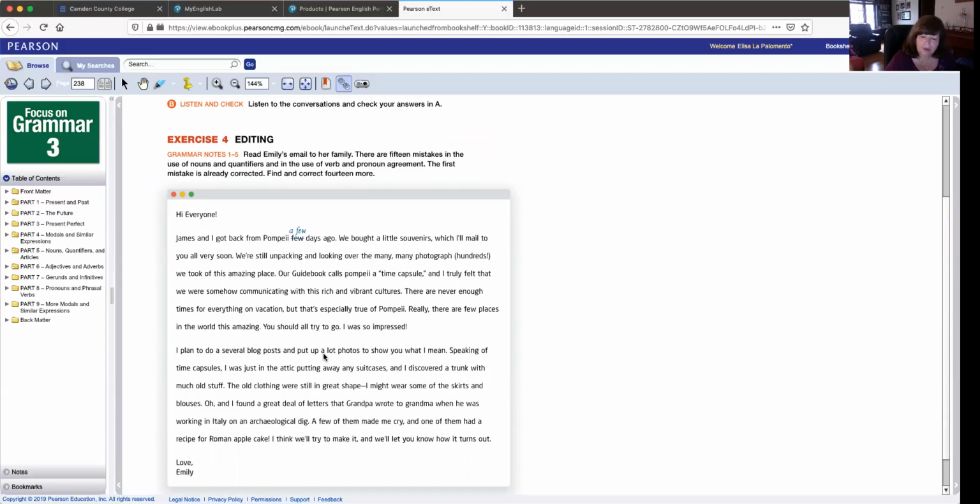Remember that quantifiers are the words like some, enough, much, many, a few, a little, okay? So there are 15 mistakes in the use of nouns and quantifiers and in the use of verb and pronoun agreement. The first mistake is already corrected. Find and correct 14 more.